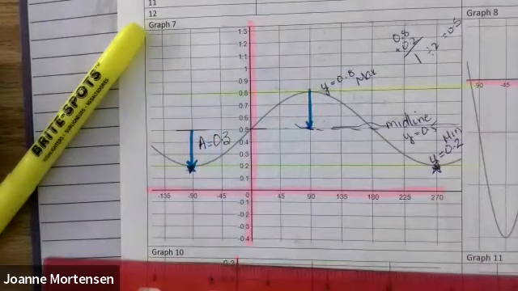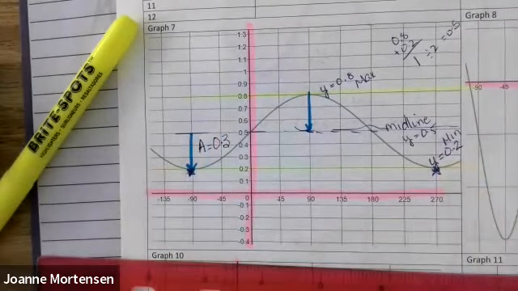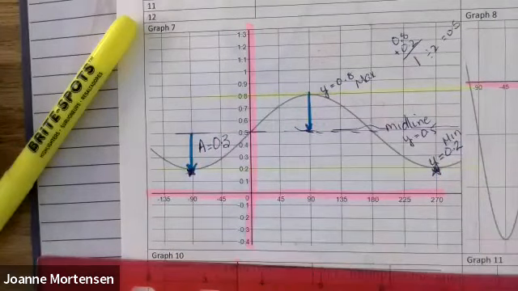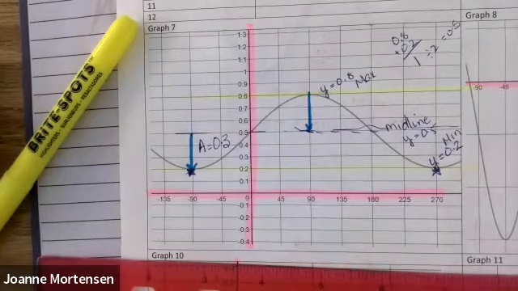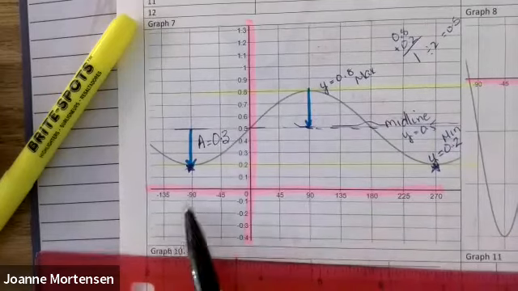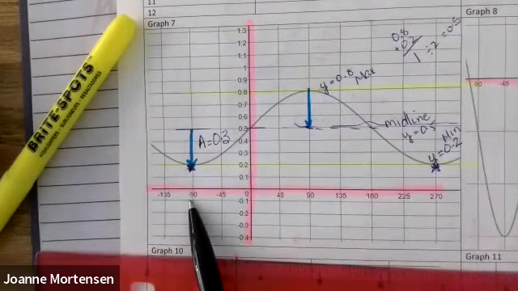Now, somebody tell me how far that is. How many degrees? 270 take away the 90. Which is? It's 270 minus 90. Which is how far?